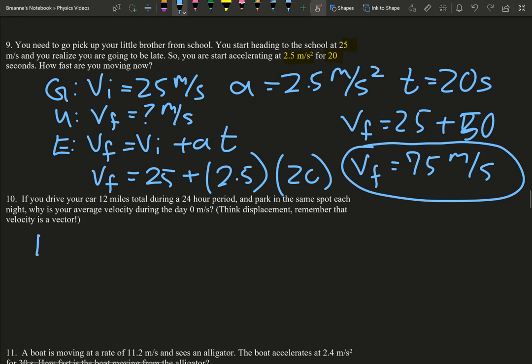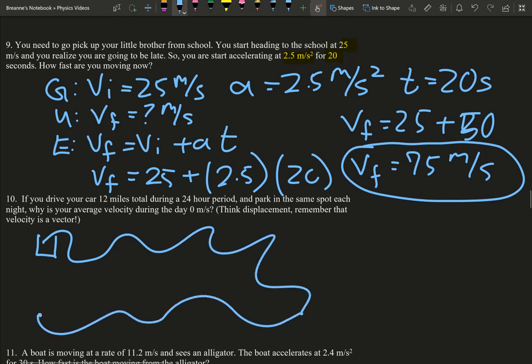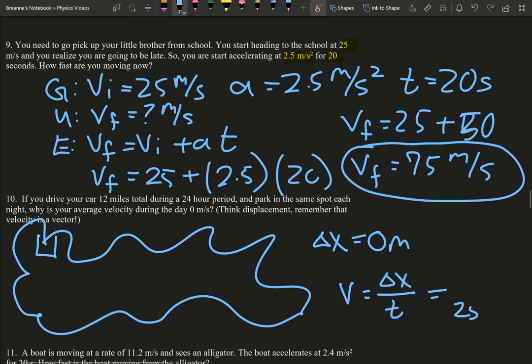If you park your car here, and you go to school, you go to work, go see a friend, but you always end up back there, your displacement is 0. If you remember, to find velocity, it's displacement divided by time. So it doesn't matter that your time is 24 hours because your displacement is 0. So therefore, your velocity is 0.